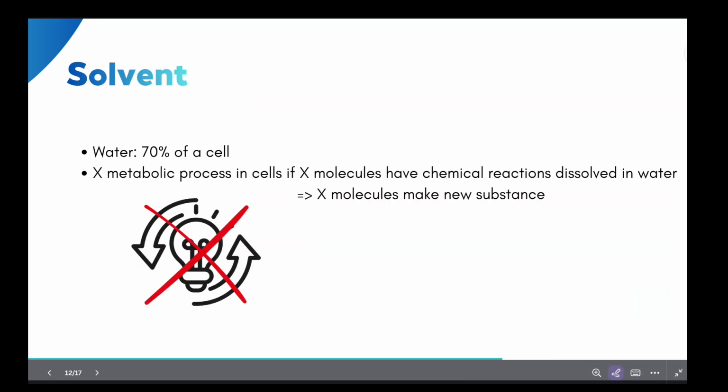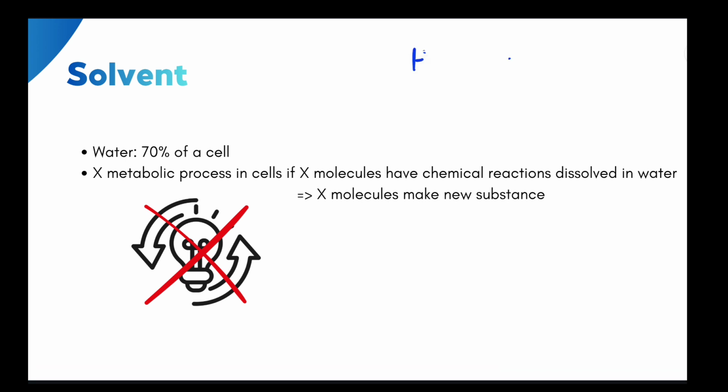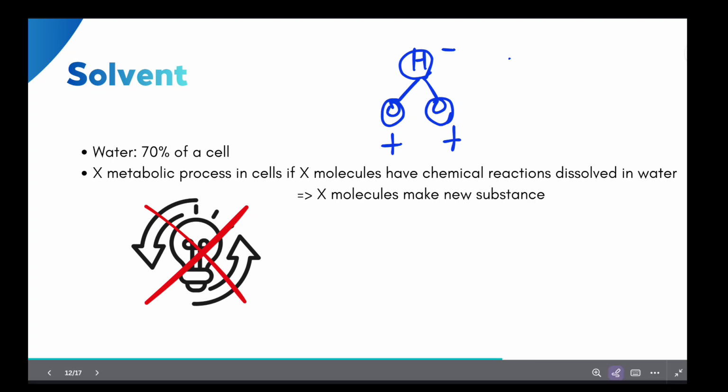Water is a great solvent, and it makes up about 70% of a cell. If there were no metabolic processes in cells, then no molecules would have chemical reactions dissolved in water, and no molecules would make new substances. So here's a water molecule, and we learned that H is positive and oxygen is negative. Then what would this H attract? Negative, right?